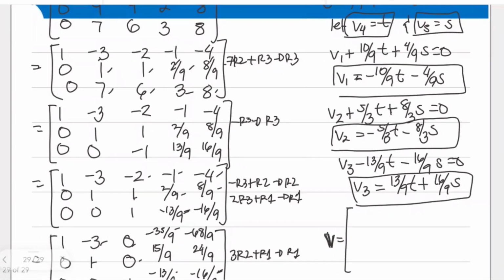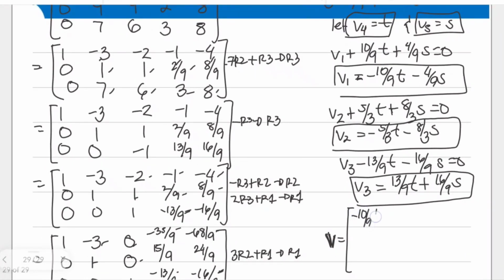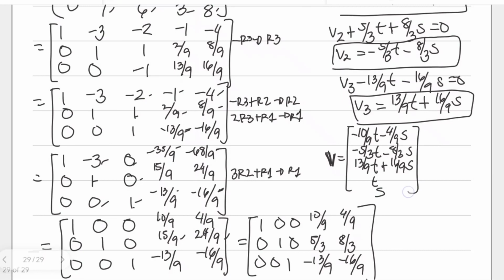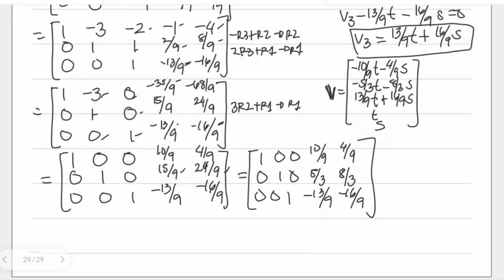V sub 1 is negative 10 ninths of T minus 4 ninths of S. Our V sub 2 is minus 5 thirds of T minus 8 thirds of S. Our V sub 3 is positive 13 ninths of T plus 16 ninths of S. Our V sub 4 is T. Our V sub 5 is S. With these spaces here at the bottom, we can actually separate S and T.